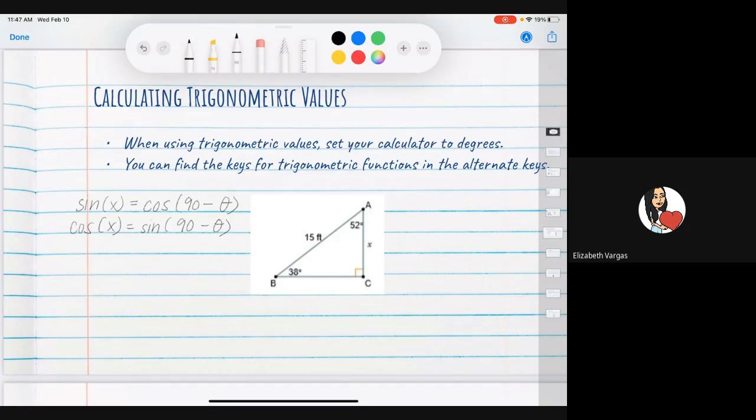And so let me show you what these look like. I'm going to use the sine, because we just used sine, and I'm going to show you that you can also use this equation, which is equivalent to what we just used for sine x.